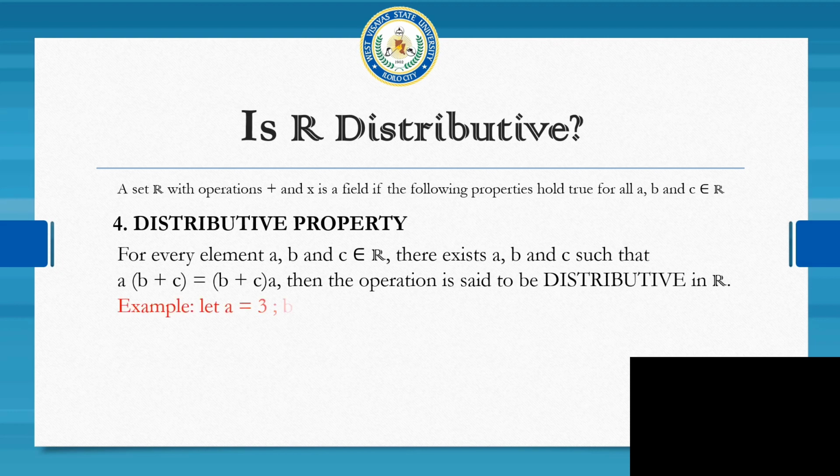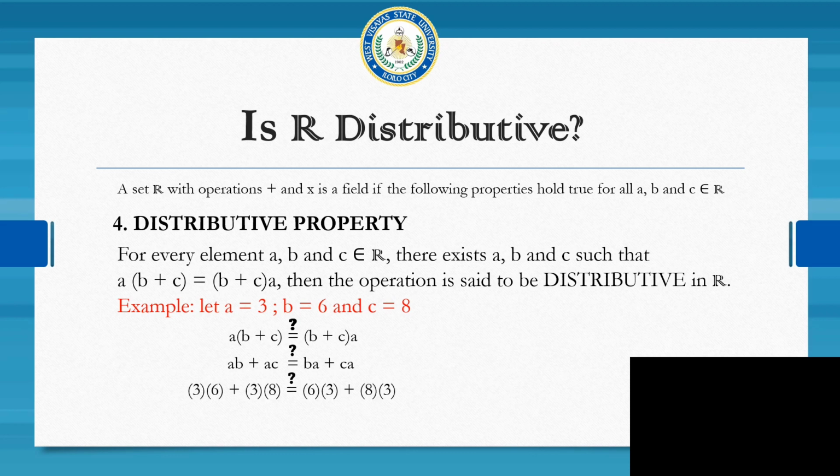For example, if we let A equals 3, B equals 6, and C equals 8, then A times quantity B plus C equals quantity B plus C times A. Distributing, we have A times B plus A times C equals B times A plus C times A. Substituting the values, we will have 3 times 6 plus 3 times 8 equals 6 times 3 plus 8 times 3.